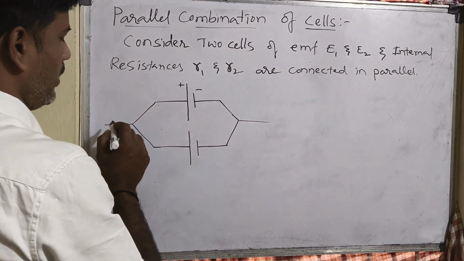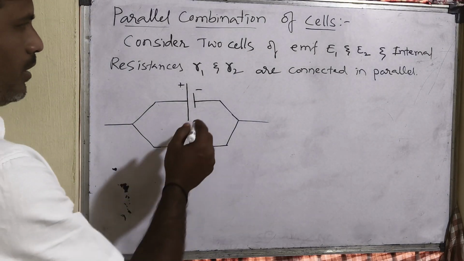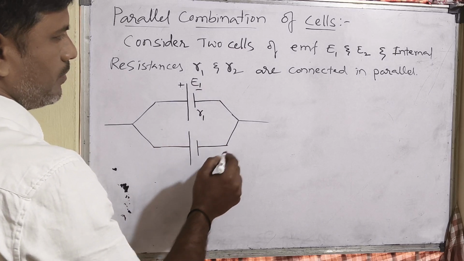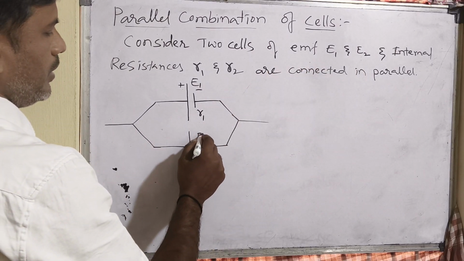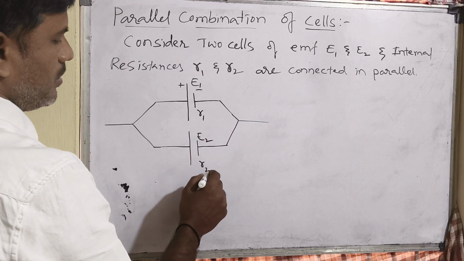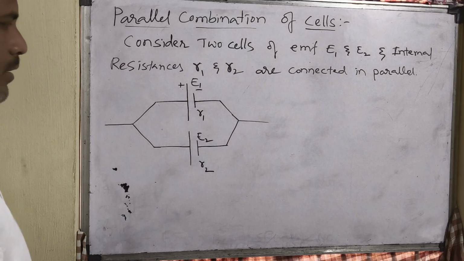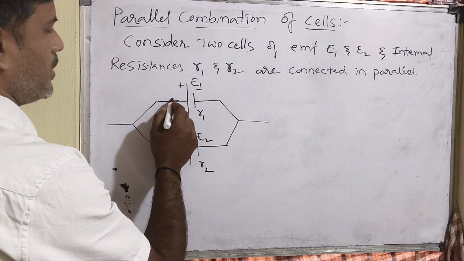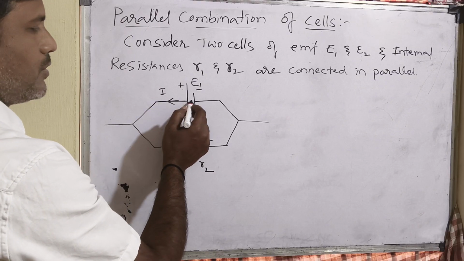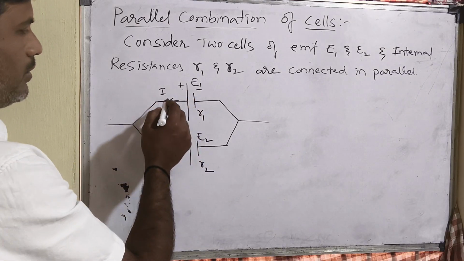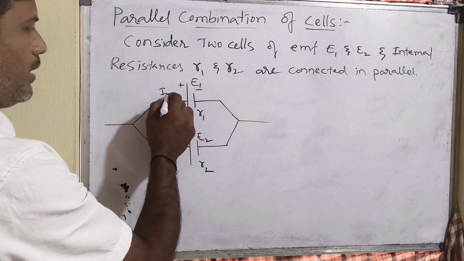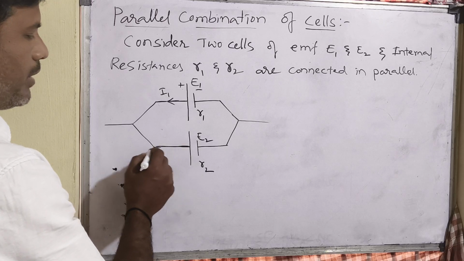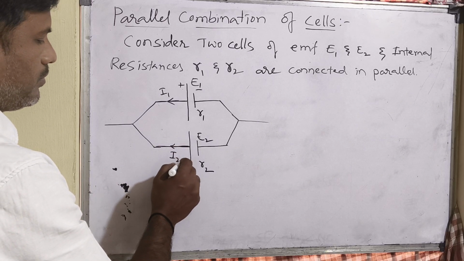Observe the basics here. The first cell's EMF is E1 and its internal resistance is R1. The second cell's EMF is E2 and its internal resistance is R2. Current passes from the positive terminal. The first cell produces some current, I1, and the second cell also provides some current, I2.